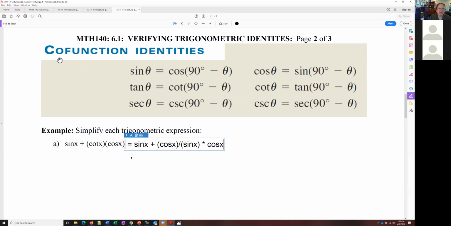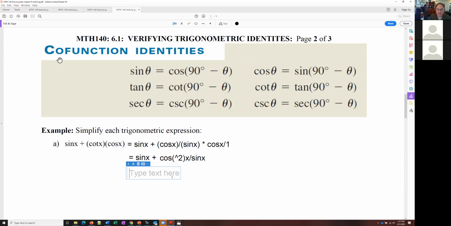So now what does that give me? If I simplify, I still have that sine x out in front, and I can think of cosine x as being cosine x over 1, if that helps. I'm going to end up with cosine squared of x divided by the sine of x. Does that make sense to people?